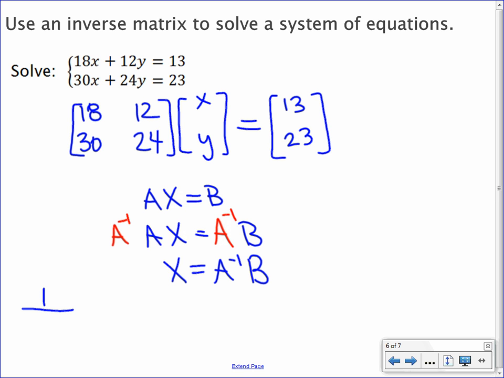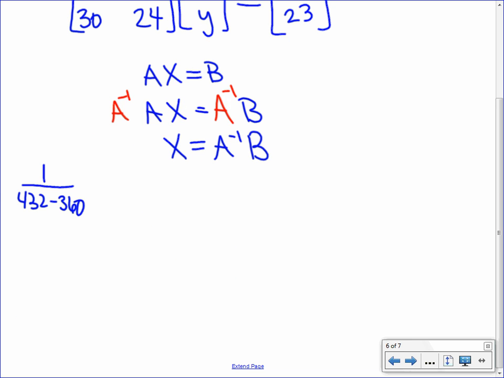So, what is cross minus cross? Let's see. I think it's 432 minus cross times, switch and negate.